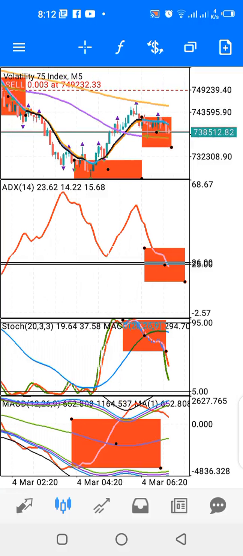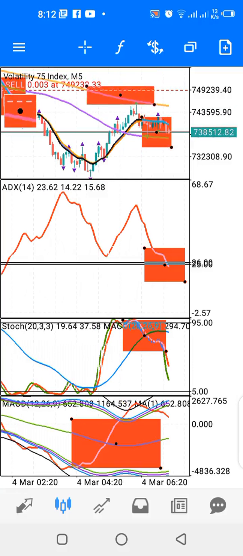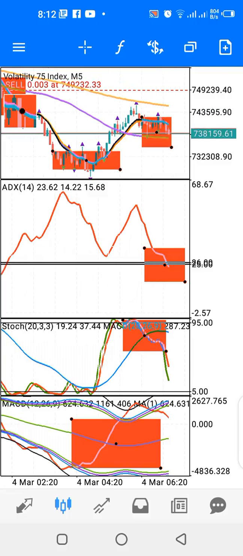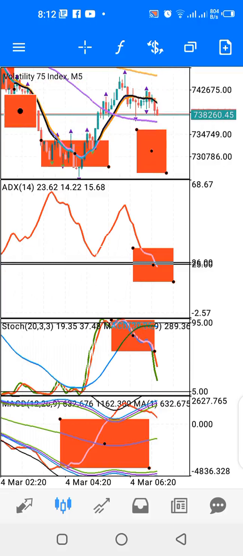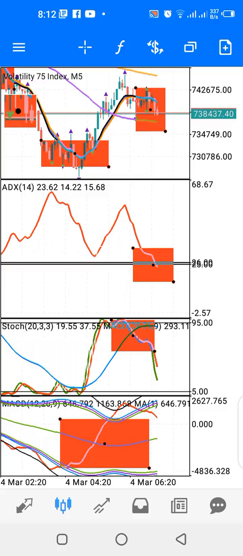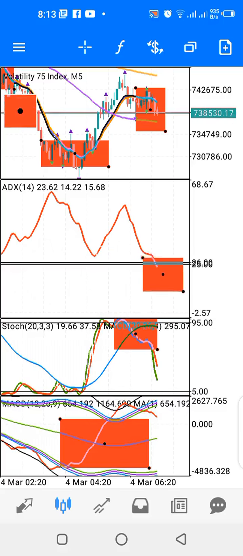In as much as this 200 moving average is above, we are in a bearish trend. So if price now drops below all moving averages, and this is already telling us to sell, then we can confidently place a sell if we do not want to stay inactive according to what ADX is telling us.